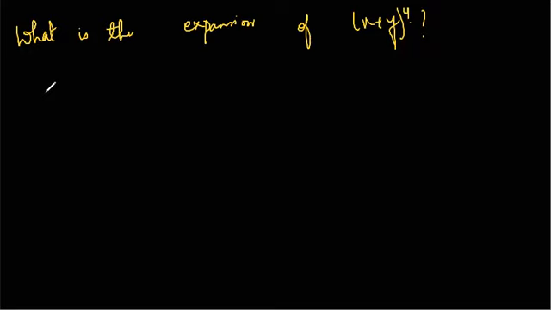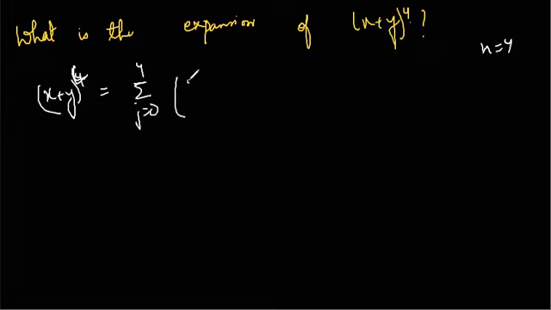We have the expression (x plus y) whole power 4, so n is equal to 4. Let's expand it. First we can write the sum from j equals 0 to 4 of 4Cj x power 4 minus j y power j. Now we have to keep substituting j equals 0, 1, 2, 3 till 4.